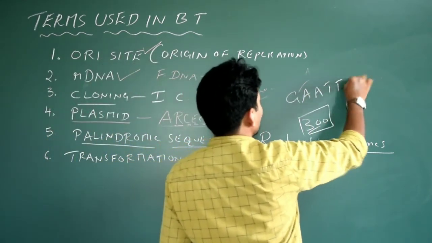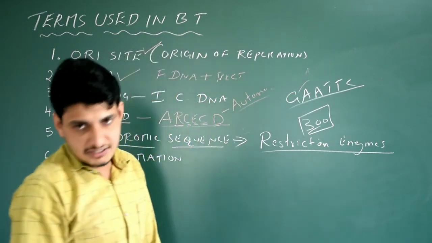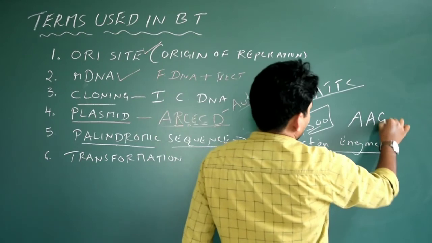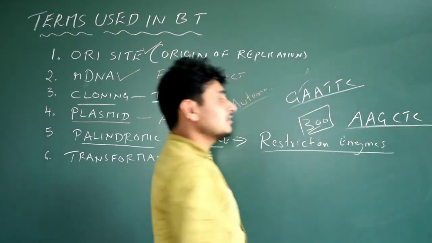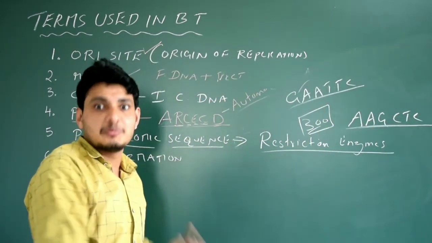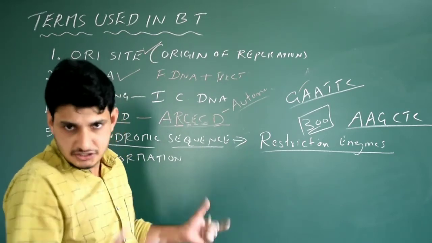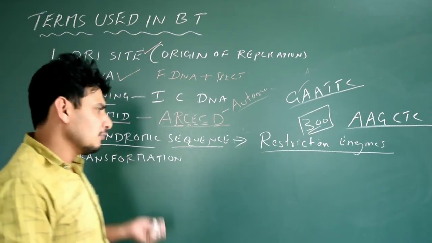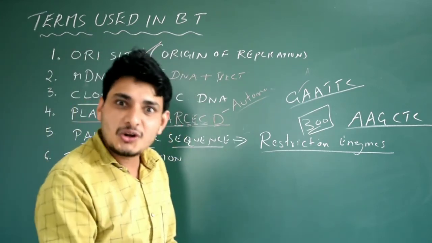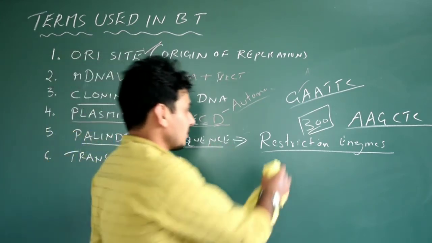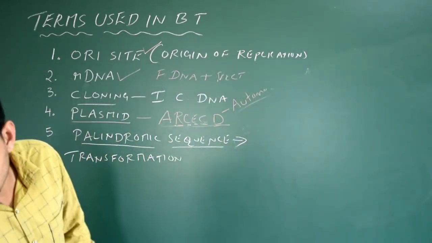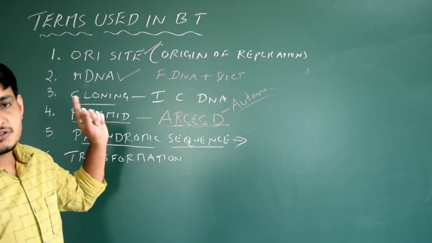I have just given one example, GAATC. It could be different. For example, this is another palindrome sequence for another restriction enzyme. It varies. This is there in our DNA, and in any type of DNA, vector, plasmid, cosmid, whatever it is, the palindromic sequence should be there.